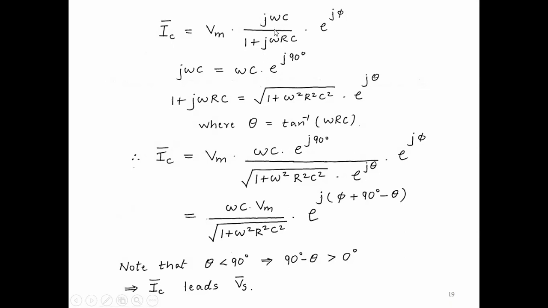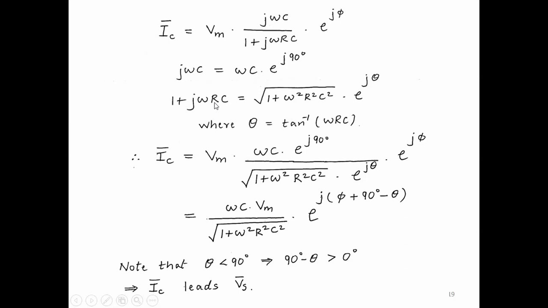The most efficient method is to convert the numerator to a magnitude and phase and the denominator to a magnitude and phase. So j omega c, the numerator, has no real part, so the magnitude is simply omega c and the phase is 90 degrees, because j is the same as e raised to j 90 degrees.